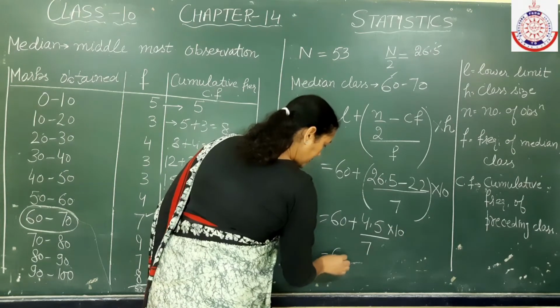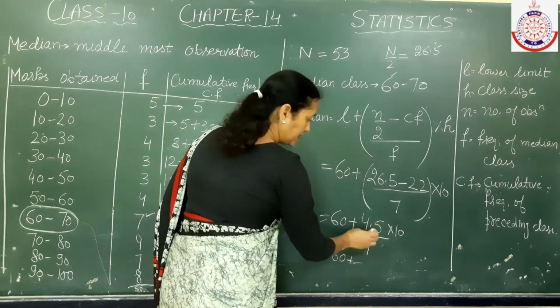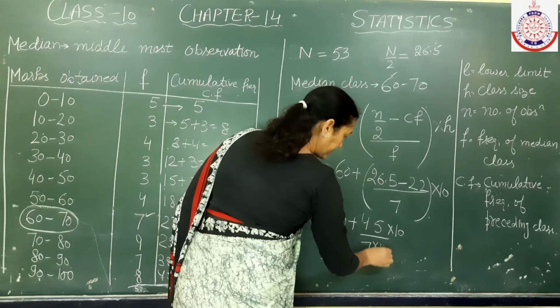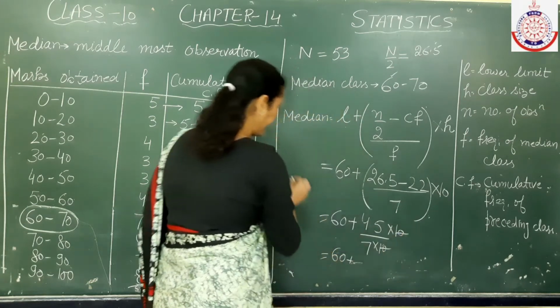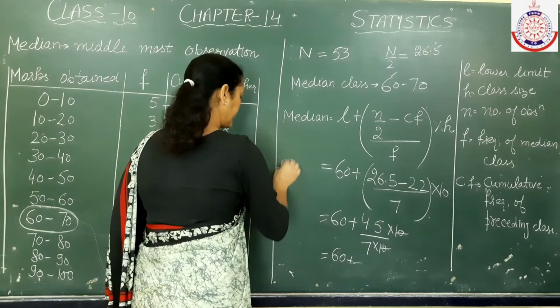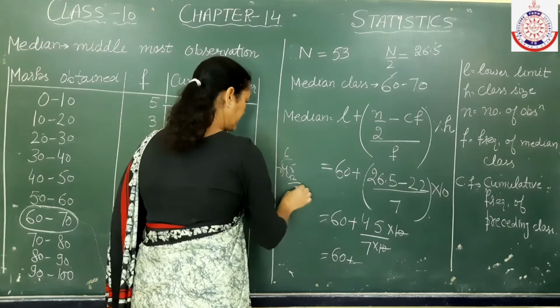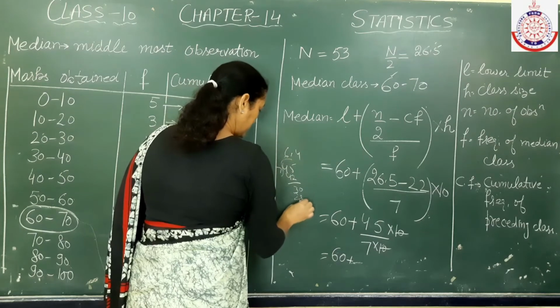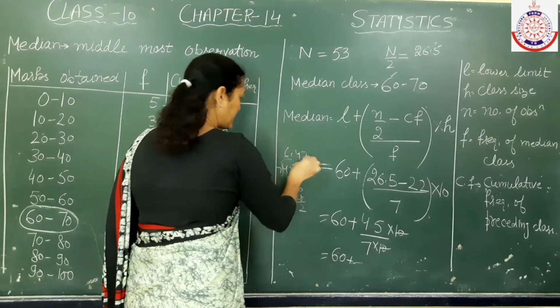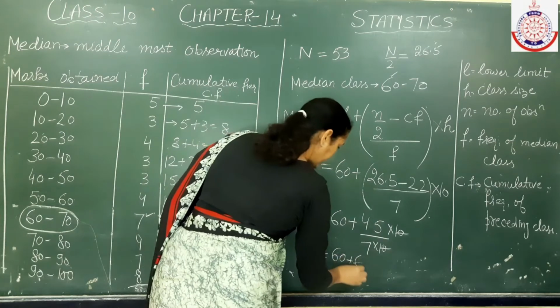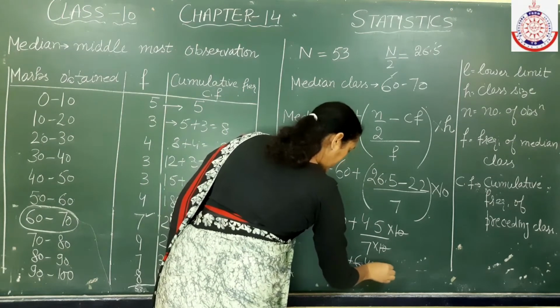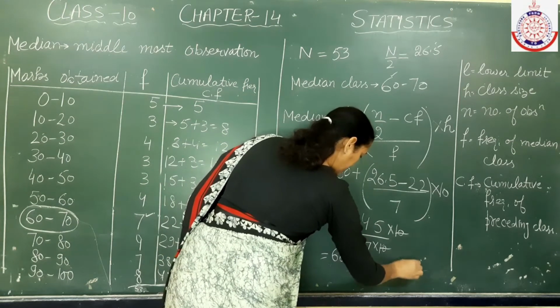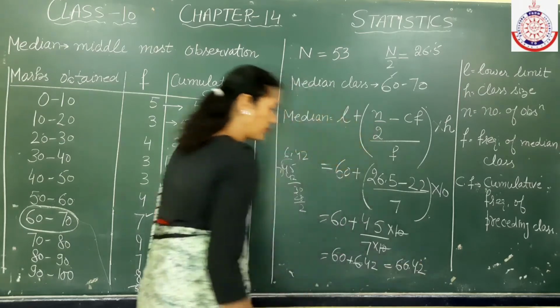Now 60 plus this. So 45 divided by 7 is approximately 6.42. So the median comes out to be 66.4.